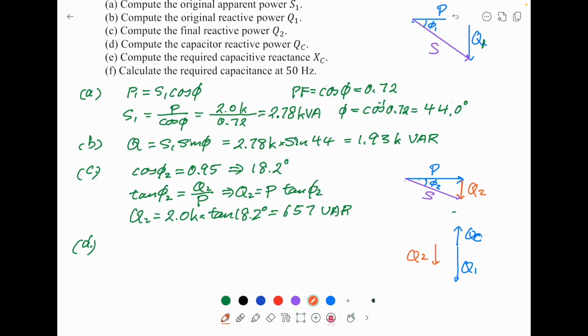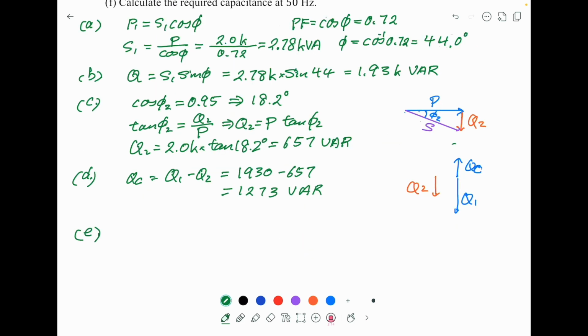So it is very clear that QC's magnitude is equal to Q1 minus Q2, which is 1930 minus 657, and is equal to 1273 VAR.